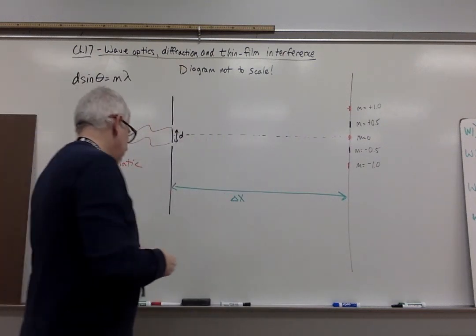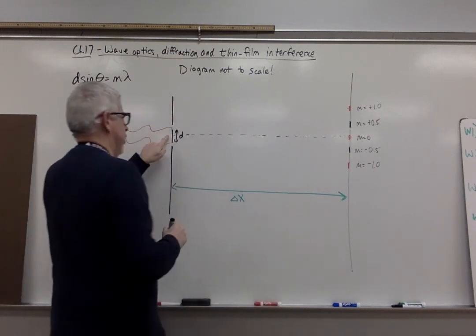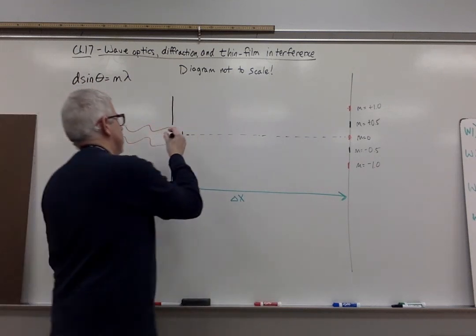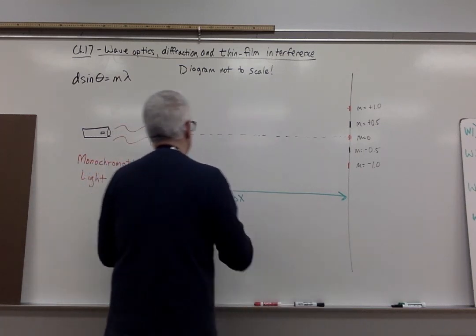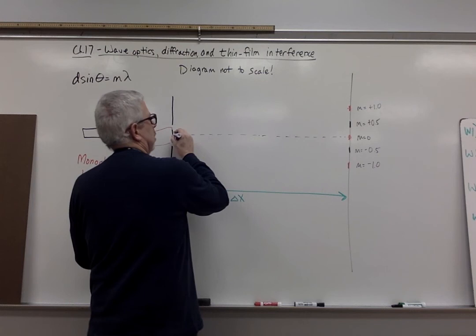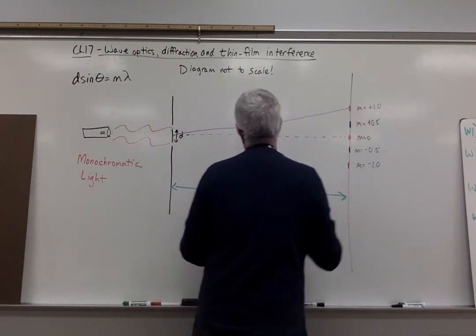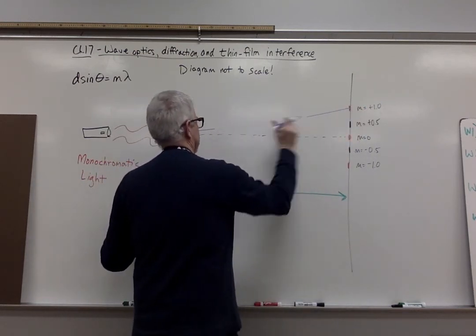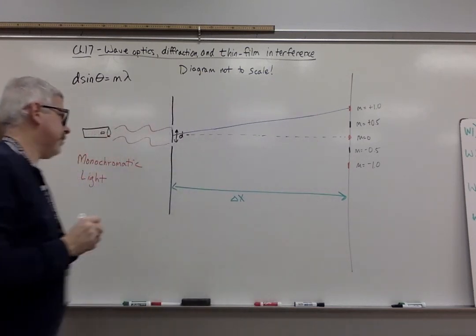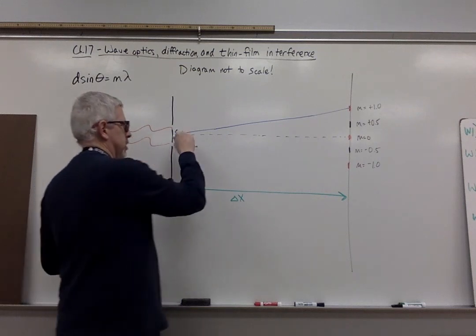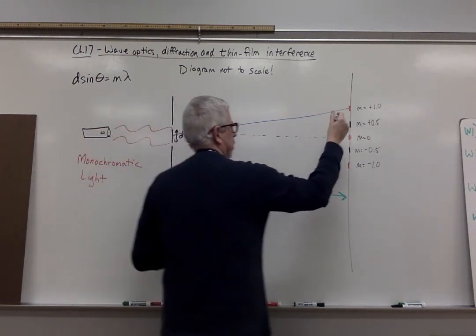If I draw a line from the center of this to the center of that bright red spot, I should do that in a different color for dramatic effect. That doesn't look anything like a straight line. It's a little bit better. Then what I can do is I can see that I've got a triangle here.